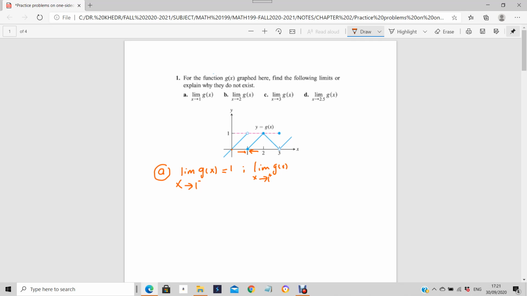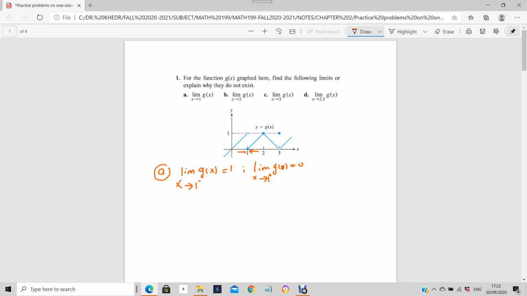This is the graph between 1 and 2, this line. So as x is going towards 1 from larger values, we start from values like 2, 1.5, 1.1, until we reach 1. Then you will notice that the value of y is approaching 0. So this limit is equivalent to 0.